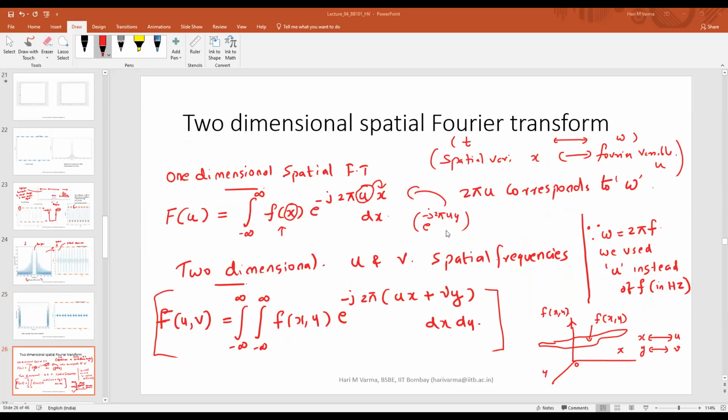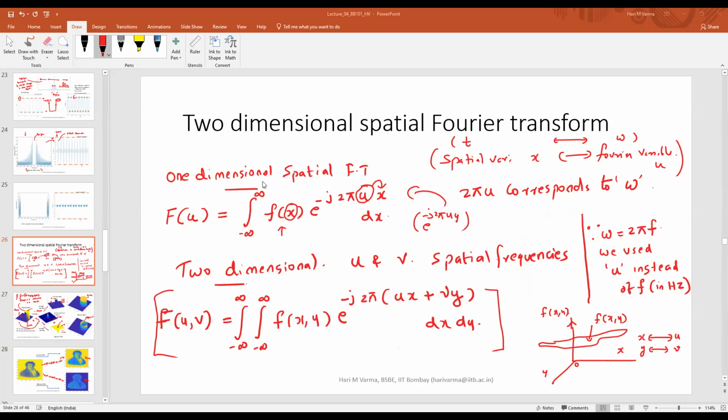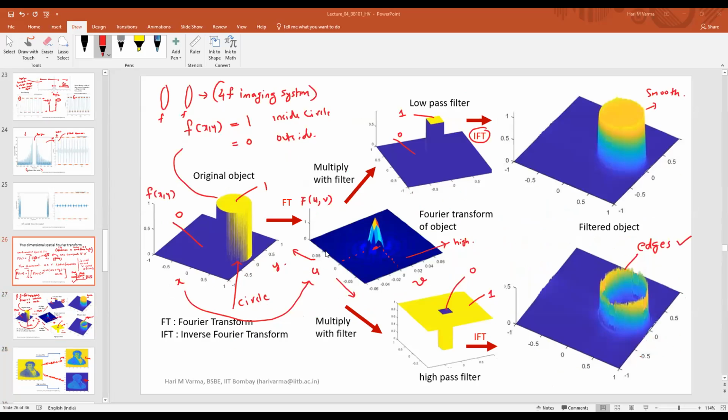So we have defined the 2D Fourier transforms by extending it into 2 dimensions. And then we looked at the 2D Fourier transforms, right? So essentially, if you look at an object which is 1 inside a circular region and 0 outside it, like what you have represented here, then I can take a 2D Fourier transform of this object using this formula, which is nothing but the extension of the one-dimensional Fourier transform.